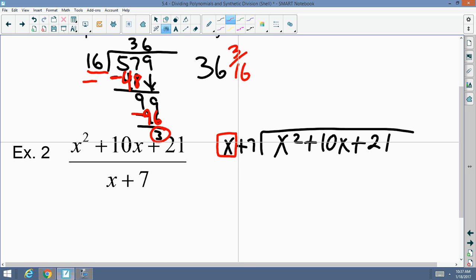So we are going to ask the same question that we asked over here. Remember how we asked how many times does 16 go into 57? But now we're going to ask how many times does x go into x squared? It doesn't go in twice. No, it doesn't go in once. Let's go ahead and divide it and find out. x squared divided by x. How many times does x go into x squared?